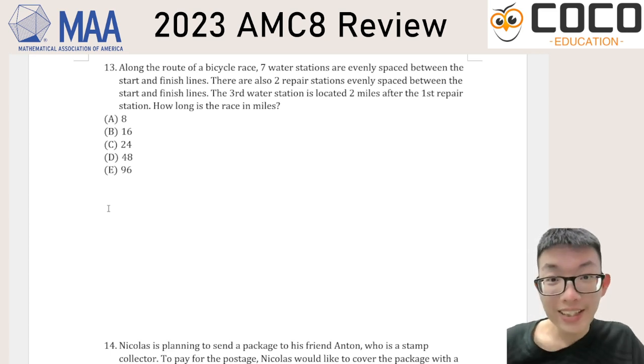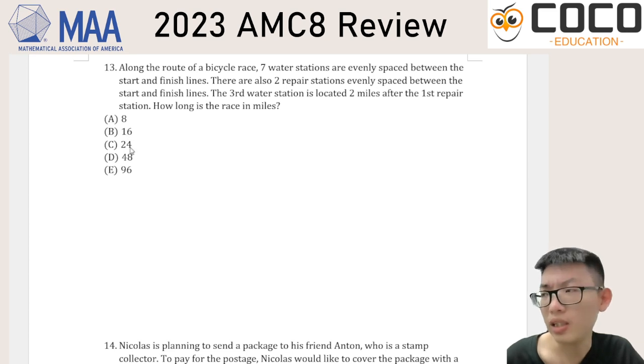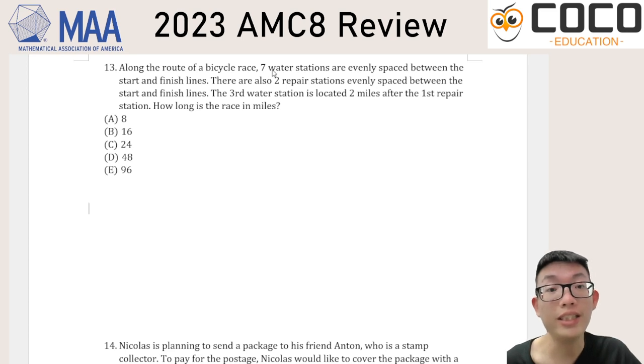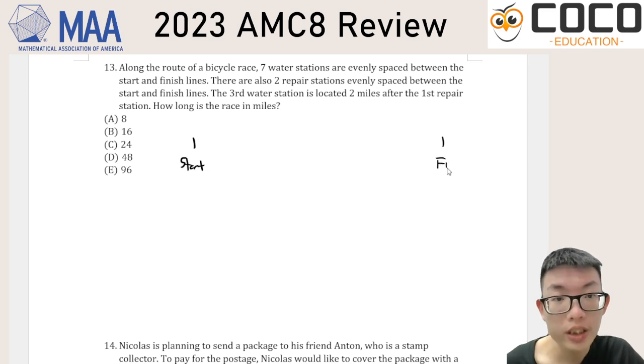Now, technically, you can actually just use any one of these as your guess and then adjust it from there. But regardless of what you use, you just need to understand what it means to have 7 water stations evenly spaced. It means that you have the start, the finish, and then 7 in between.